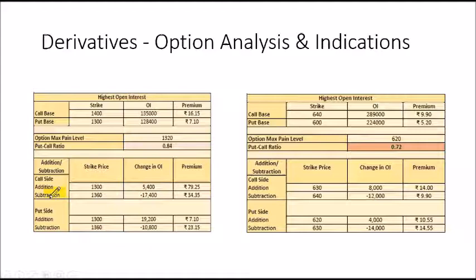On the other hand, if there is a subtraction on that level, that means whoever has done the shorting on that call strike is covering that. That means short covering.